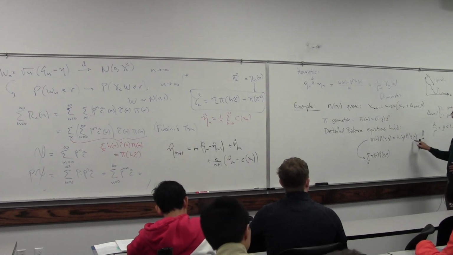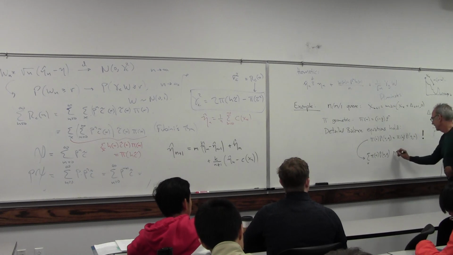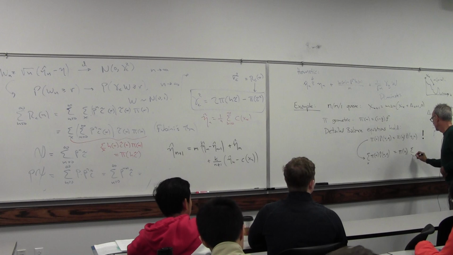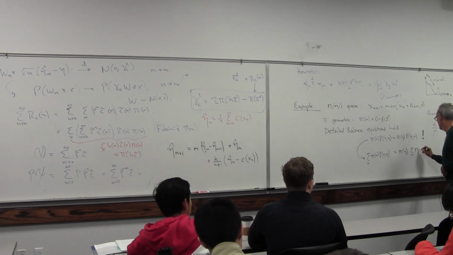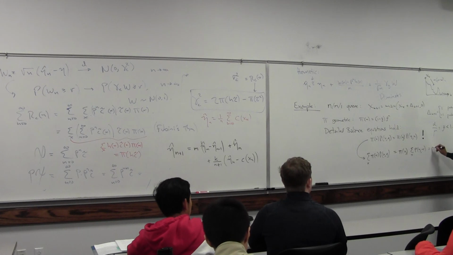And what happens when you sum this over x? The summation, the probability of going from y to somewhere is 1. All right, so that's pi of y. So that's a really nice trick.